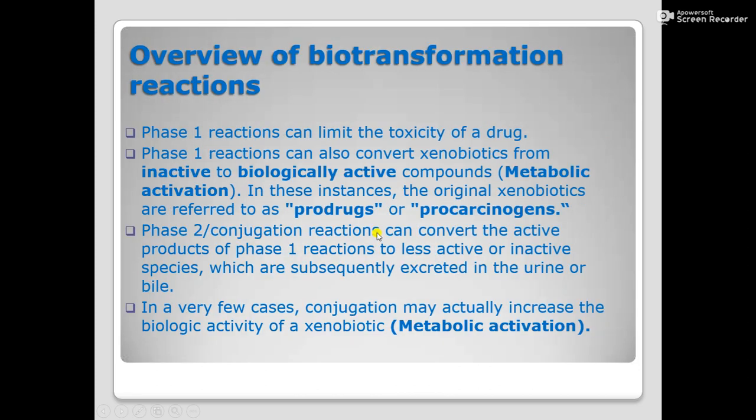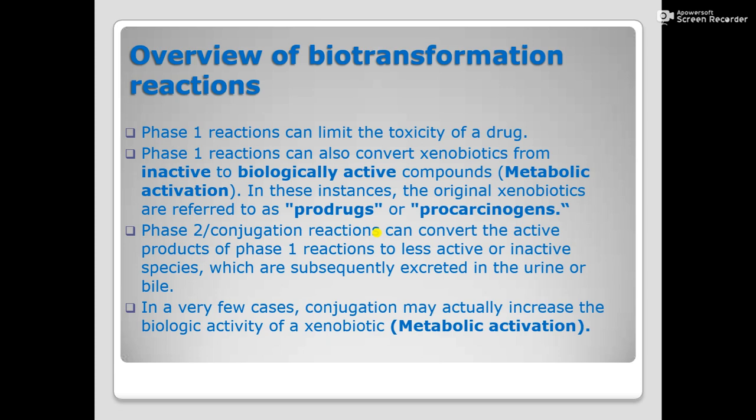Now let us come to the overview of biotransformation reactions, and how xenobiotic biotransformation takes place. If you remember, in our previous lecture I highlighted the basic points of phase 1 and phase 2 reactions.